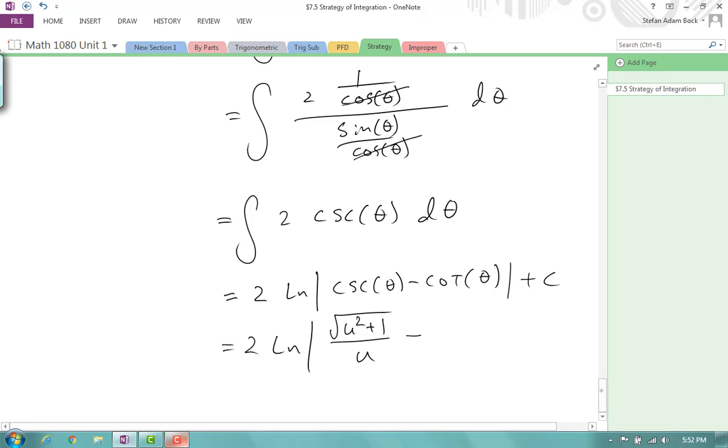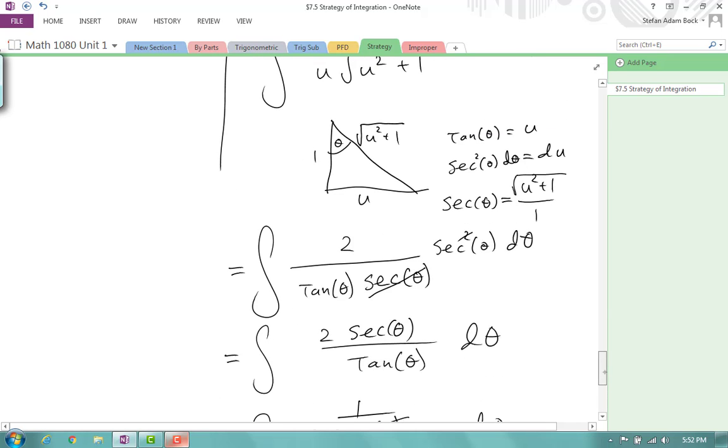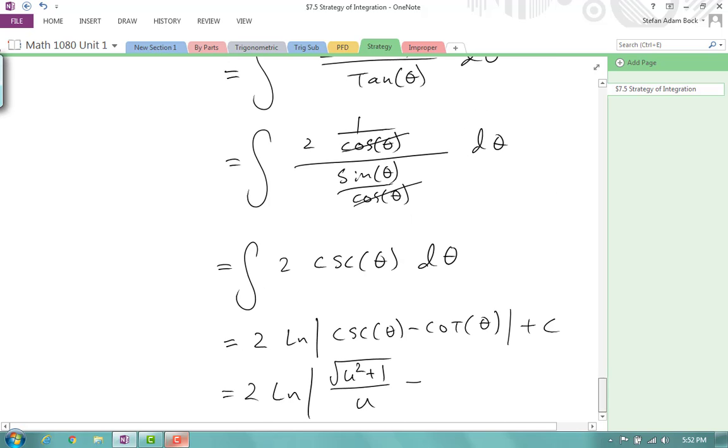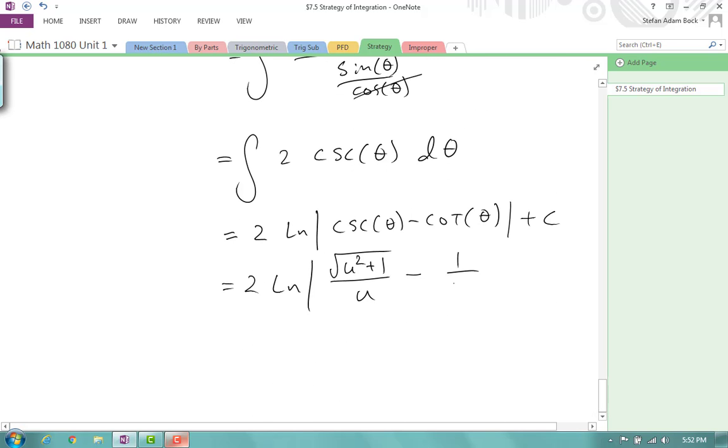Minus cotangent, adjacent over opposite. That's going to be 1 over u. Adjacent over opposite. Yes. 1 over u plus c.